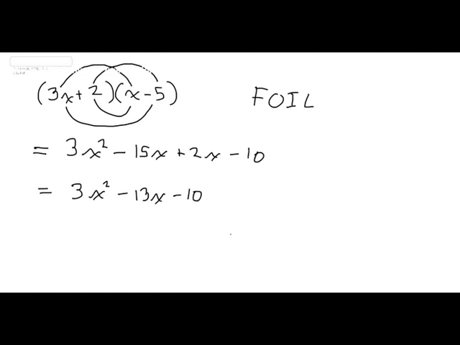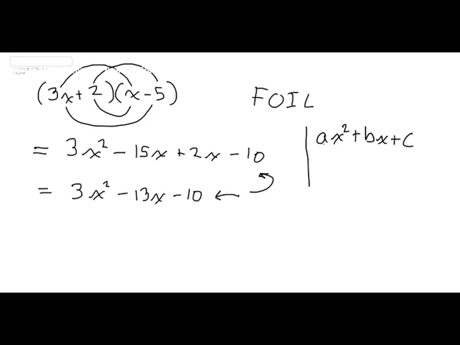So remember, the job of factoring is to undo this process. So if I'm starting here, how can I get to this step here? So again, we're looking for two numbers, but we're going to start things a little bit differently.